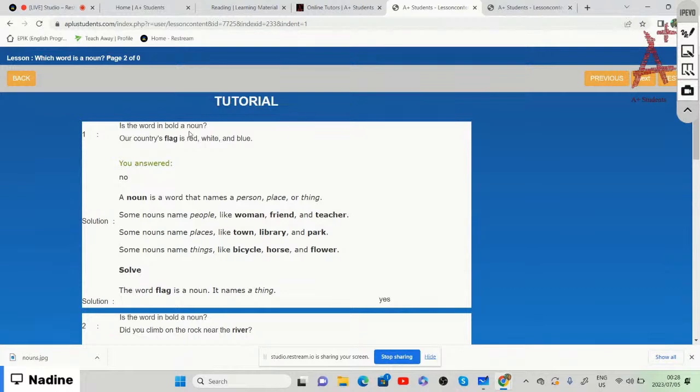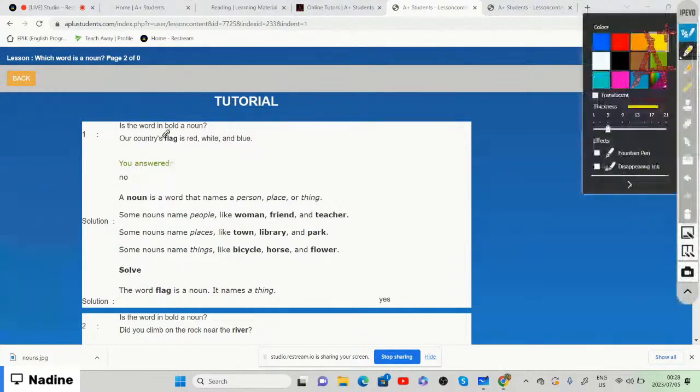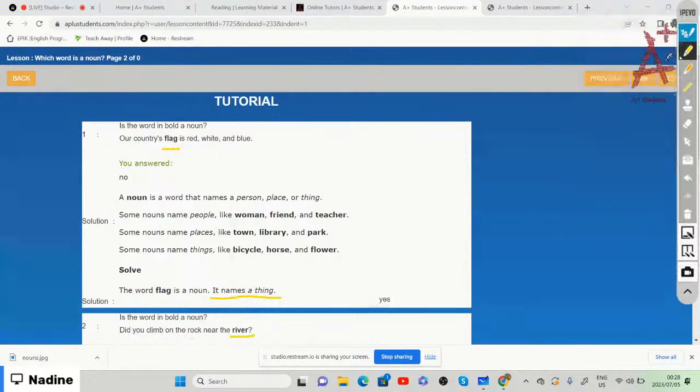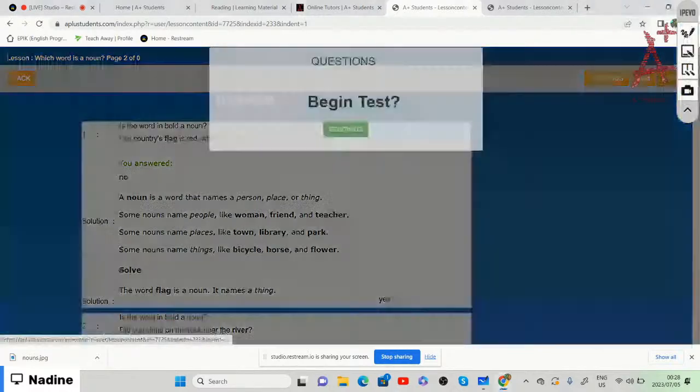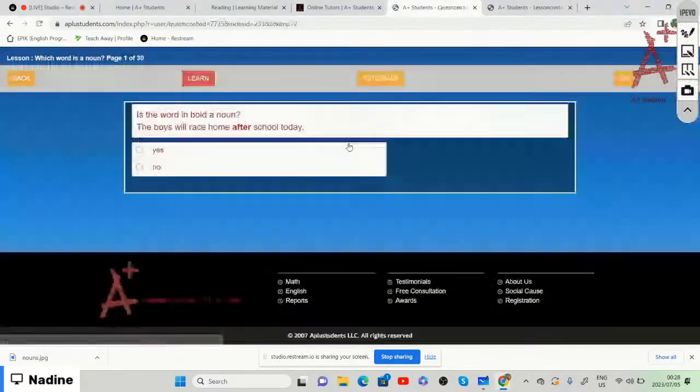So flag, is that a noun? And yep, it is a noun because it names a thing, right? And then once again, did you climb on the rock near the river? River is also a noun, right? So if we go to the test to see which word is a noun, right?